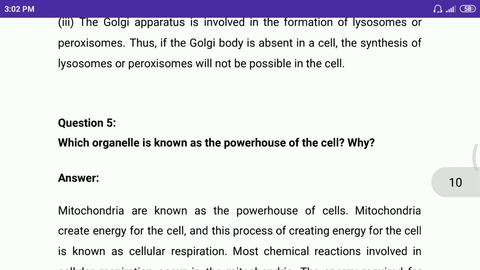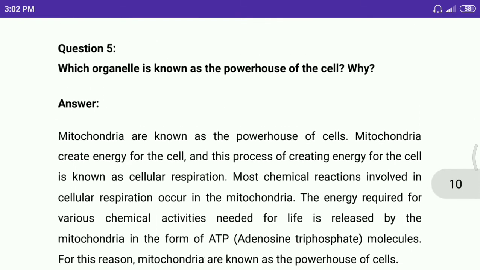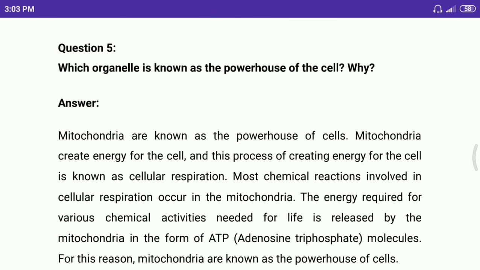Fifth question: Which organelle is known as the powerhouse of the cell and why? Answer: The mitochondria are known as the powerhouse of the cell. Mitochondria create energy for the cell, and the process of creating energy for the cell is known as cellular respiration. The chemical reactions involved in cellular respiration occur in the mitochondria.